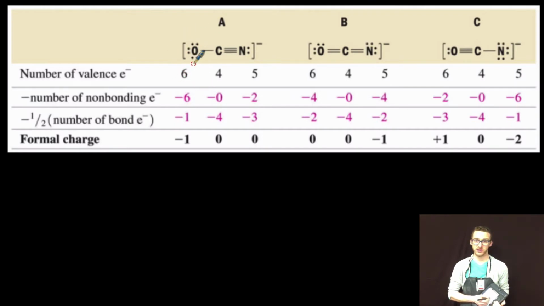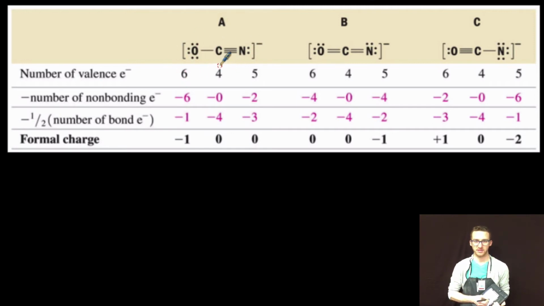In this structure, it has 6 lone electrons, so I'm going to subtract that from 6. And there are 2 electrons that are shared in this bond. So I'm going to subtract half that number of electrons, or 1. 6 minus 6 minus 1, -1 would be the formal charge for oxygen in this Lewis structure of the cyanide ion.